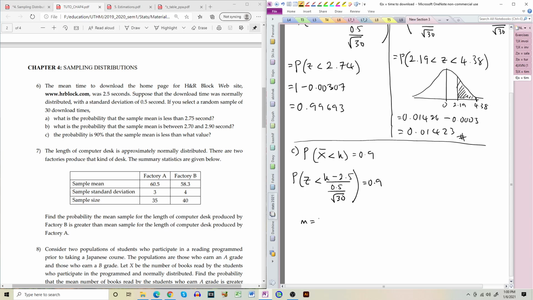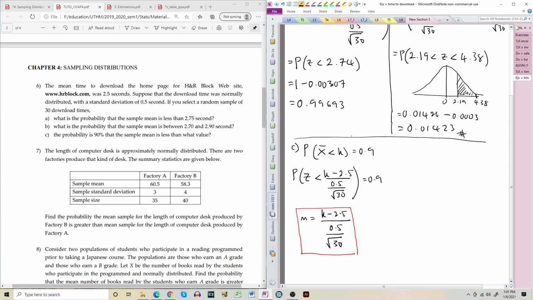Now let us denote m as k minus 2.5 over 0.5, this would be z m. Your m is here, so this is 0.9.